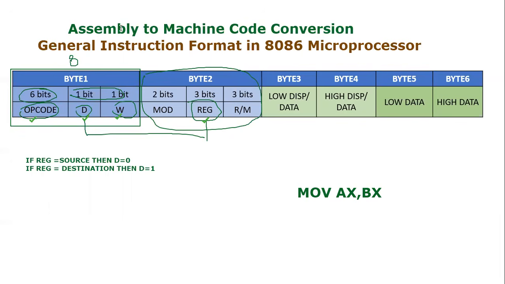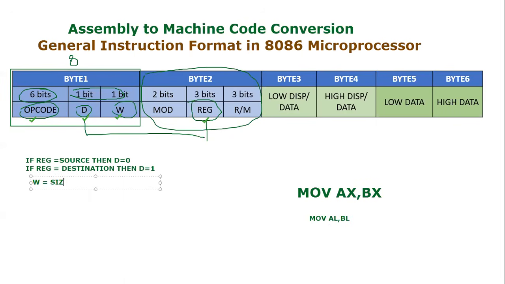For example, if we have written the instruction move AL comma BL, can you tell me the size? The size of this instruction would be what? It's an 8-bit operation, right? Because an 8-bit register is moved into another 8-bit register, right? So the W bit is what? W bit is a size bit. Let me write.